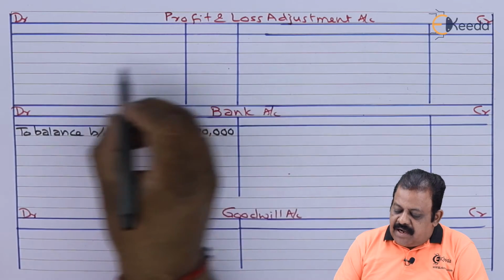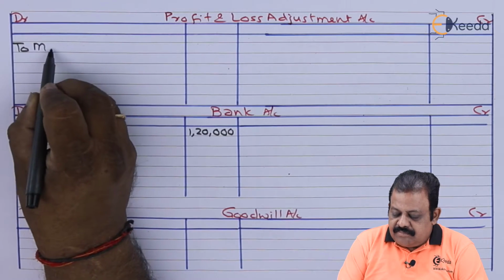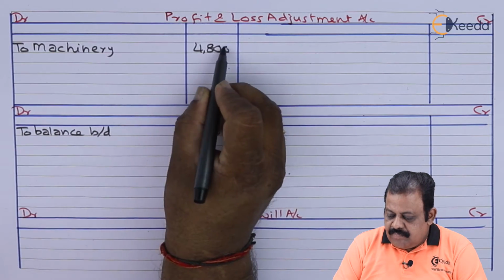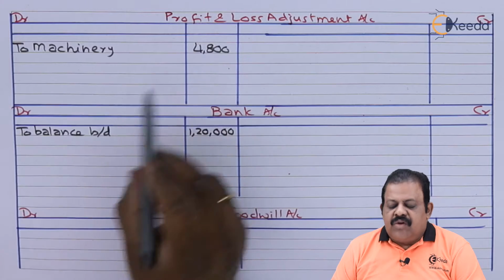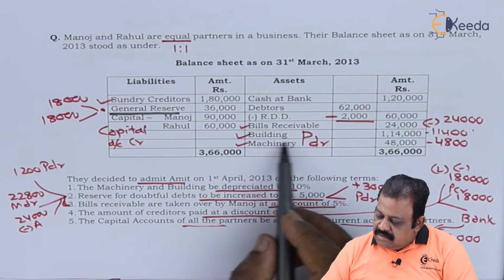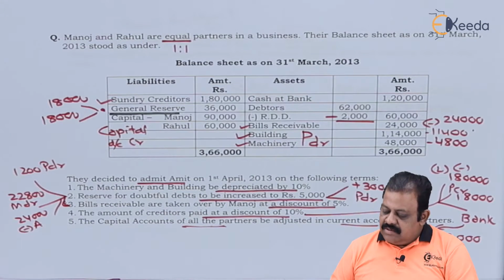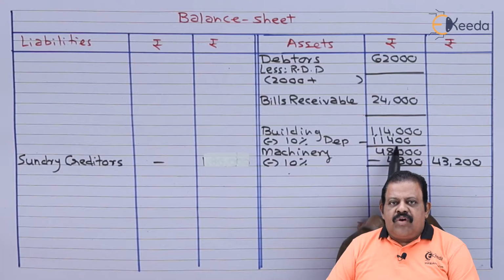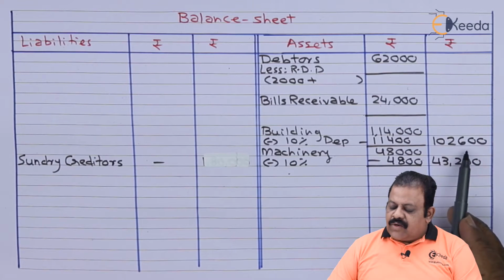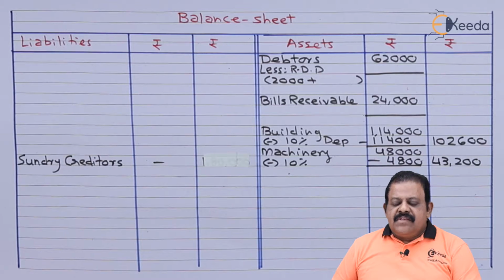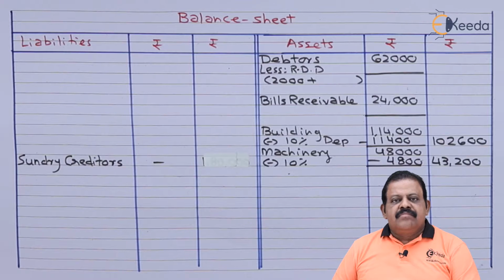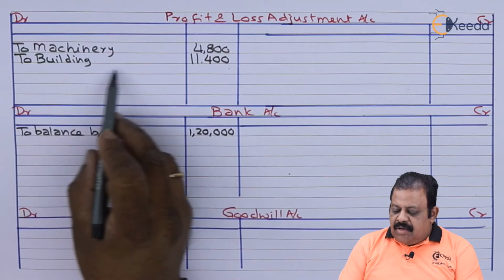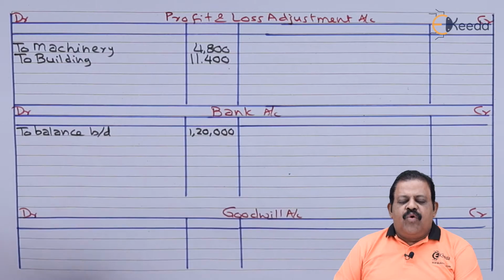Profit and loss adjustment account debit to machinery 4,800. Building 1,14,000, depreciated by 10%. It is 11,400 that will be deducted, leaving 1,02,600. Second effect of this: profit and loss adjustment account debit to building 11,400.